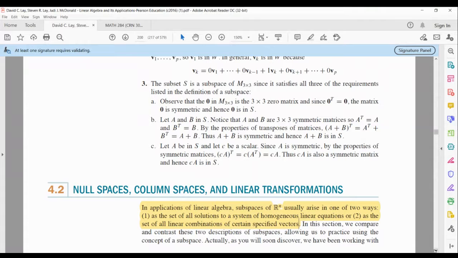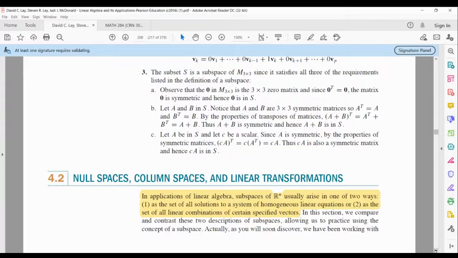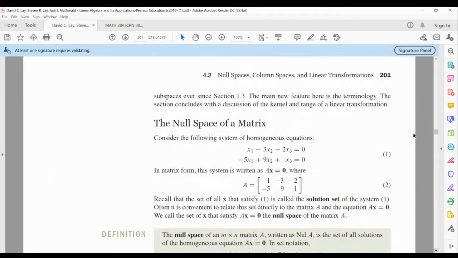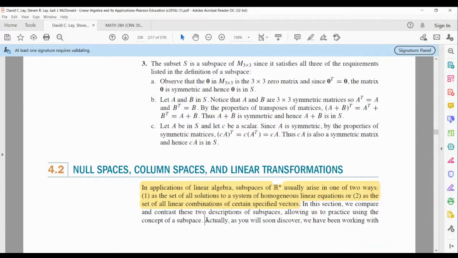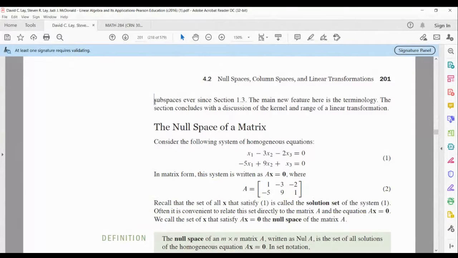So let's go right into a few examples. And they mention, as you will soon discover, we have been working with subspaces ever since section 1.3. You just didn't really know it, but you probably felt it.